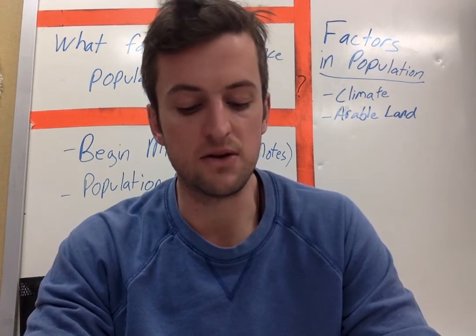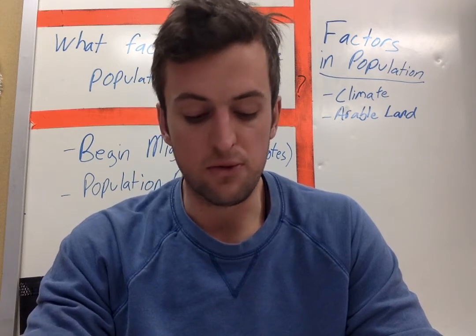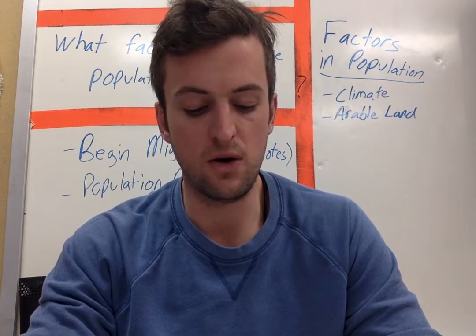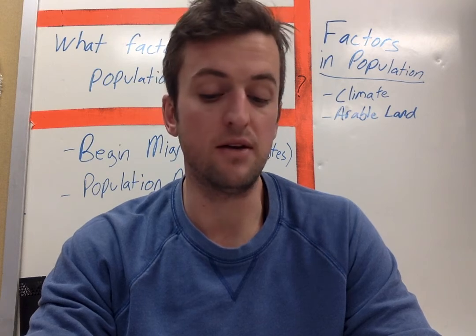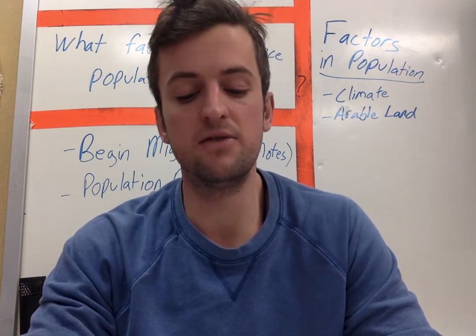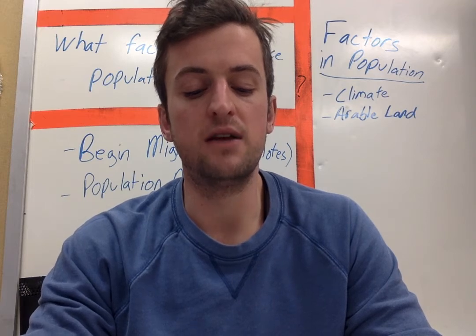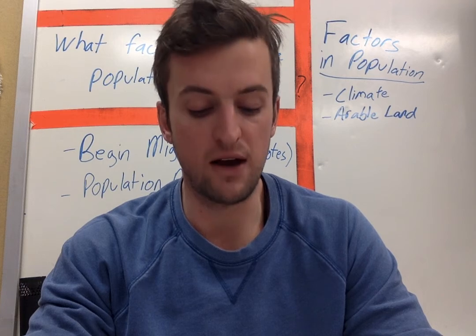Moving on to agricultural density, that's the other bold term on these 2 pages. Agricultural density is the ratio of the number of farmers to the amount of arable land. That's a little bit different from physiological density. Physiological density is just the number of people supported by a unit area of arable land.